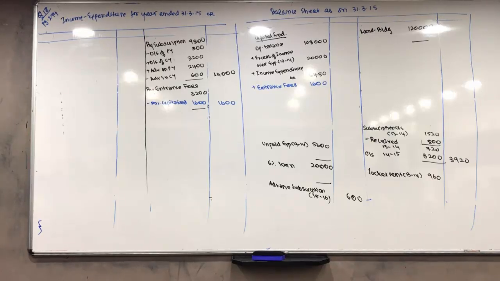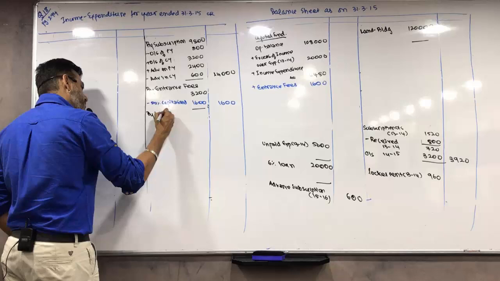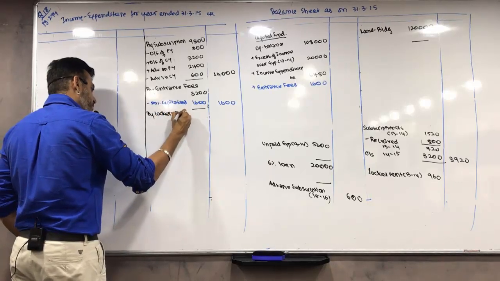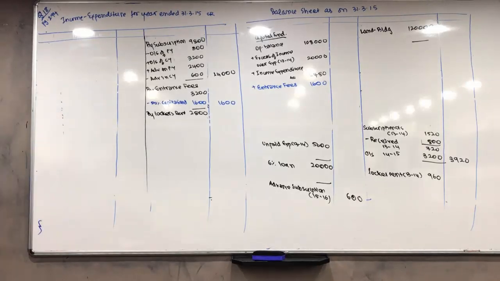Locker rent also, now we have adjustment. By locker rent, inner column 2,800. Now out of 2,800, locker rent outstanding was 960.